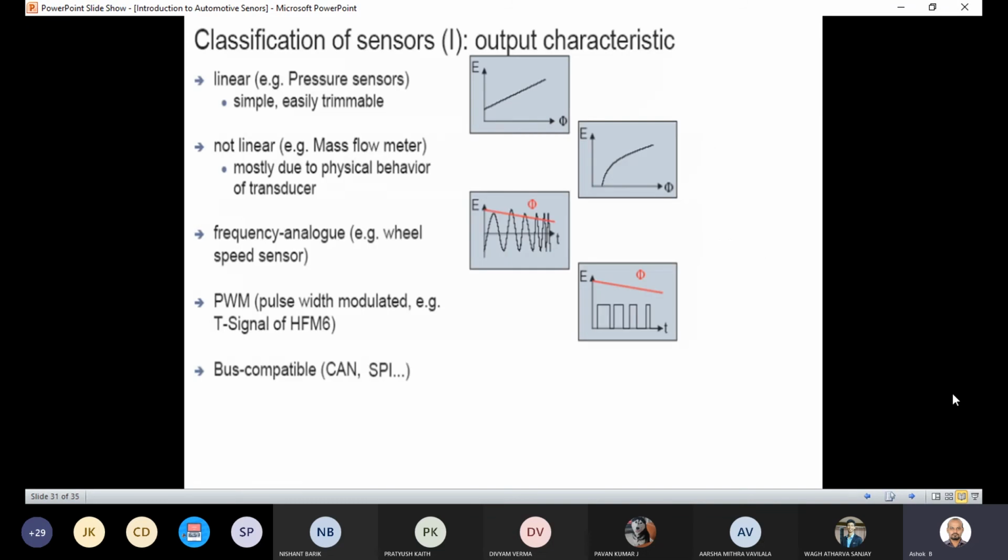Coming to the classification based on output characteristics, a sensor can produce a linear signal or a non-linear signal, a frequency type, and also PWM output. Some of the sensors will also be bus compatible, which means they can communicate from one sensor to another sensor, not through a normal wire but through a CAN bus.